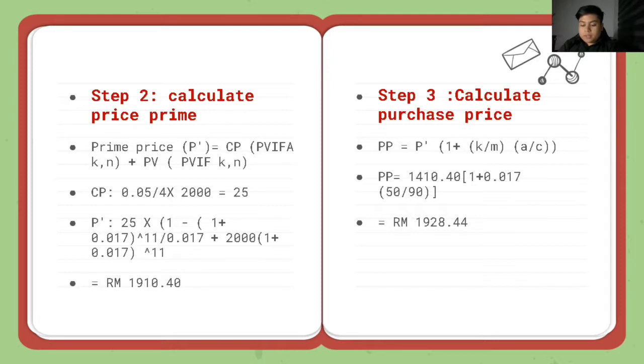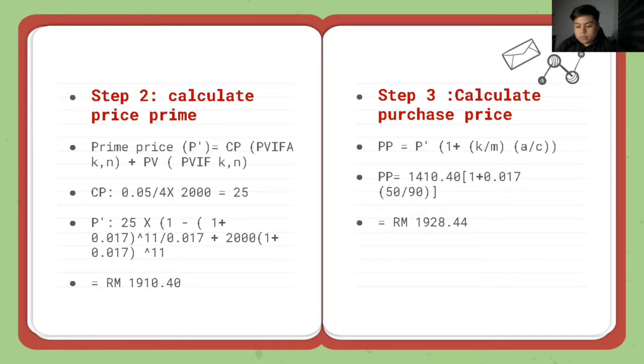Then for the prime price, we must follow the formula, which is 25 times in bracket 1 minus in bracket 1 plus 0.017 to the power of 11, over 0.017, then plus 2000 in bracket 1 plus 0.017 to the power of 11. We're going to get RM1910.40 cents.